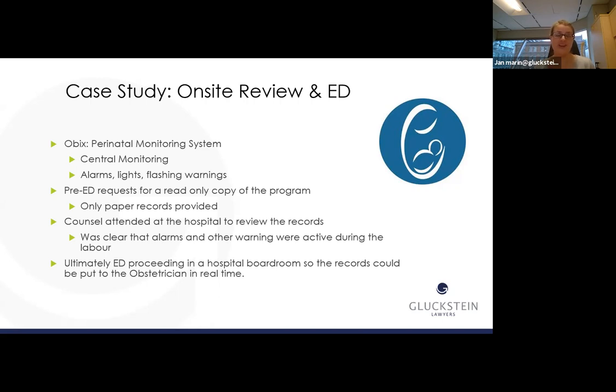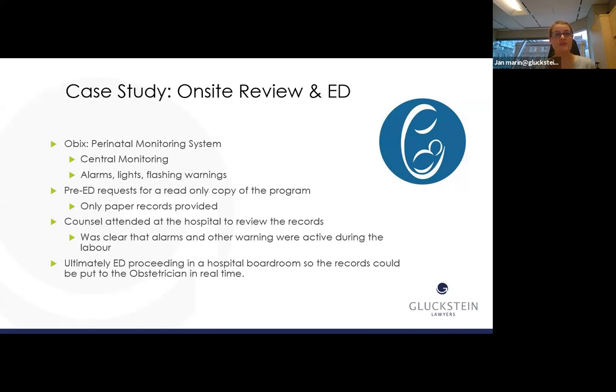For example, this was where it first came up that these alarms and these lights were flashing during this labor. They were silenced. There's also information showing when they were silenced in the program, that was not available and was not part of the paper printout.